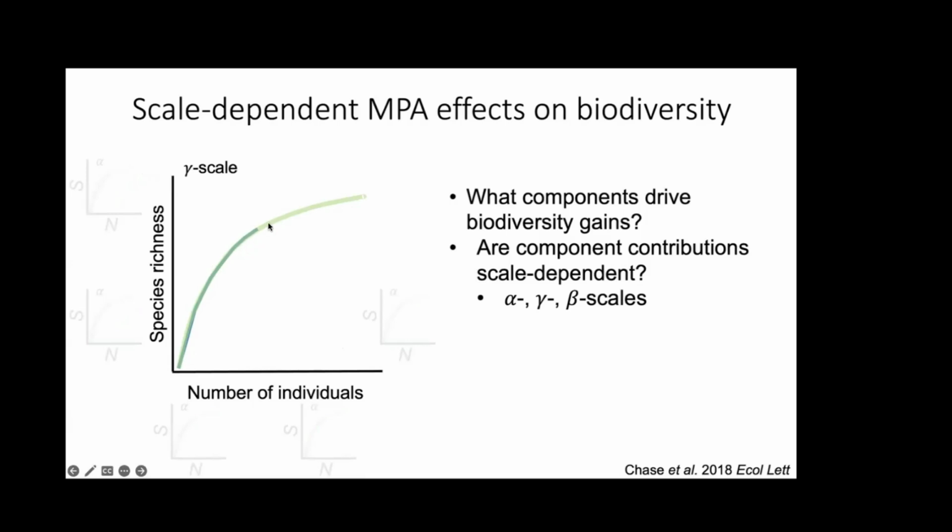Is protection just meaning more individuals and more species, but really no change in evenness, pulling this curve up and down as we go from the local scale to multiple sites combined together in the gamma scale? And the beta scale just really refers to what happens in between those two scales, the alpha and the gamma scale.